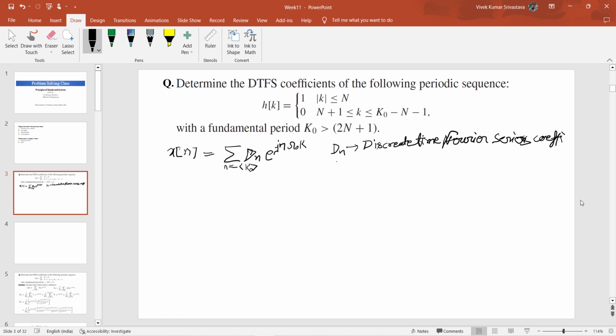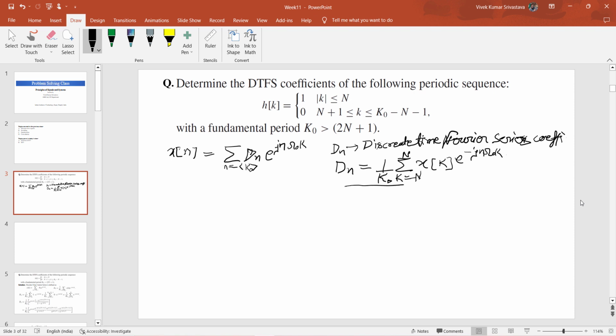This d n can be evaluated by using the expression 1 over k naught, summation k equals minus n to n, x of k e raised to the power minus j n omega naught k.